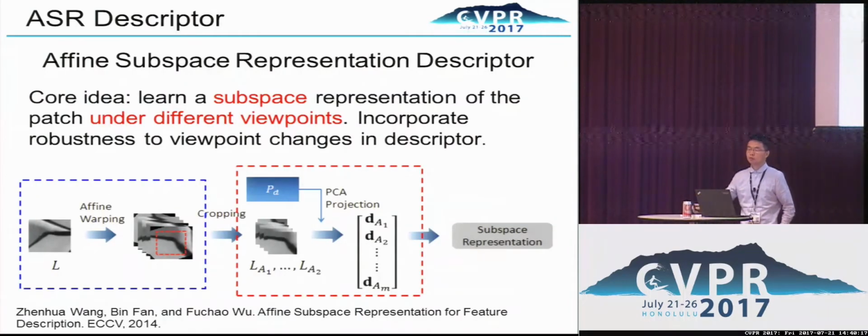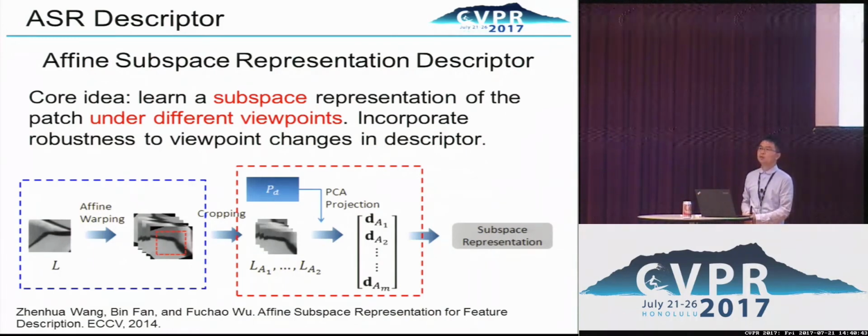In ECCV 2014, we proposed a method called the affine subspace representation for unsupervised learning of the local image descriptor. The core idea is to learn a subspace representation of the patch under different viewpoints, so as to incorporate robustness to viewpoint changes in the descriptor.